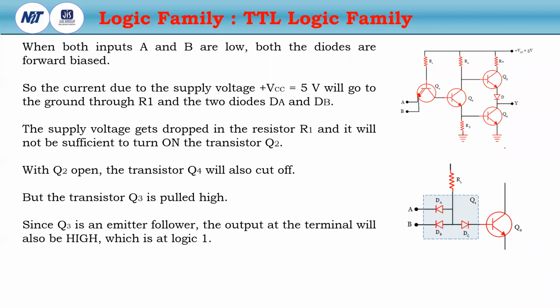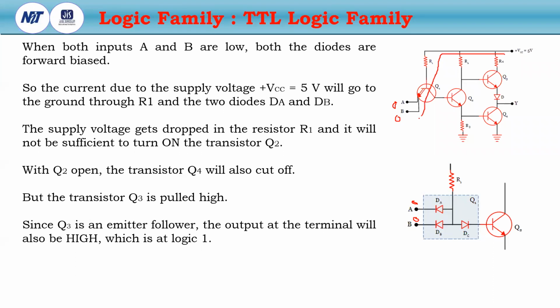Now the operation. If both the inputs A and B are low, then what happens? The current due to the supply voltage VCC will go to the ground through R1 and the diodes DA and DB, because DA and DB are in forward bias. This is 0, grounded. So N is grounded, P is connected to VCC.